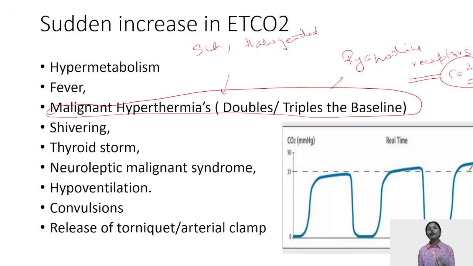So the hints that will be coming in your question would be like the patient had a sudden change in the capnograph, which is suggestive of such a kind of capnograph that is coming, and the patient was given scoline or was given halothane or any other halogenated agent.